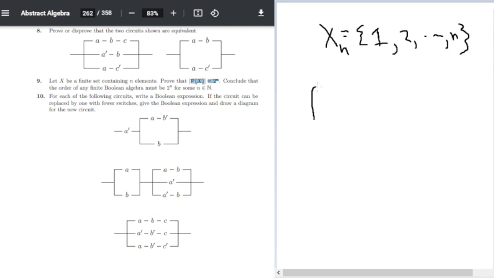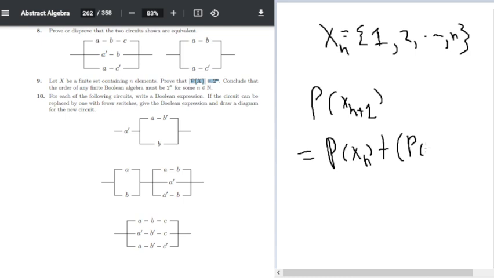We have that the cardinality of P of X_{n+1}, but we can say P(X_{n+1}) is equal to P(X_n) plus P(X_n) union {n+1}, the cardinality of that is the cardinality of both of those.